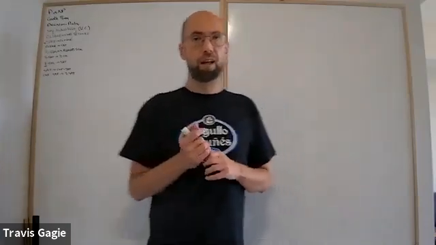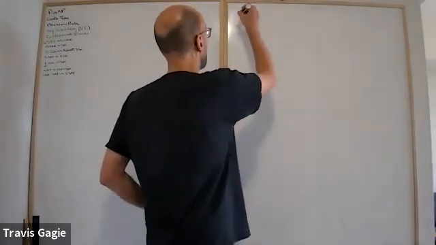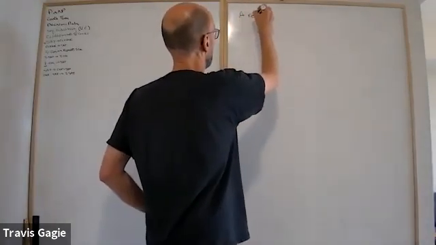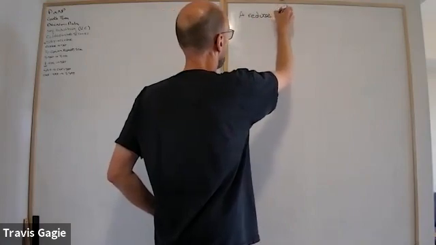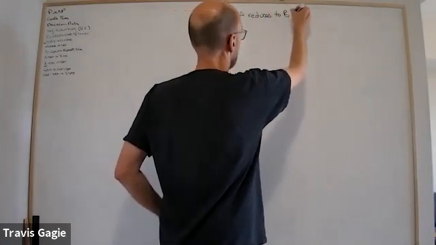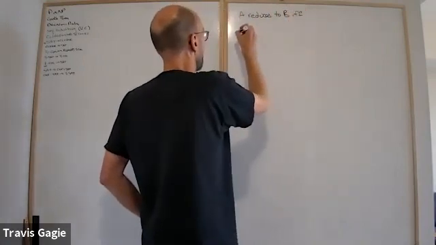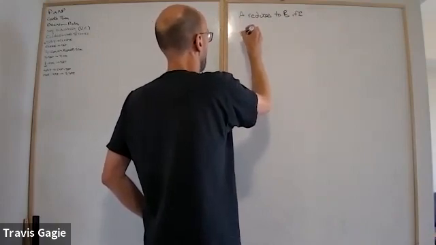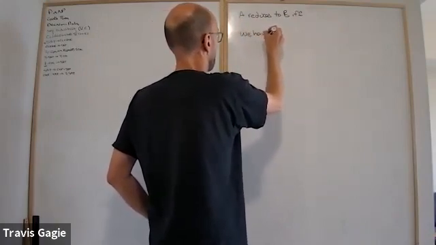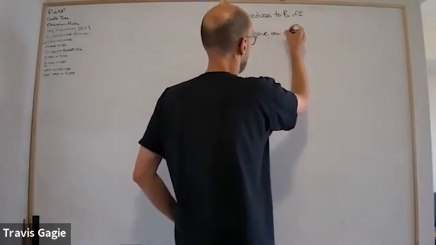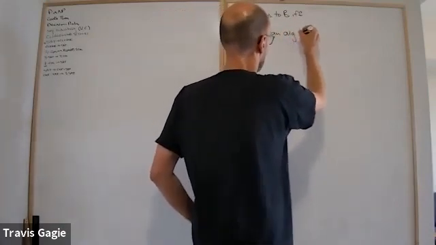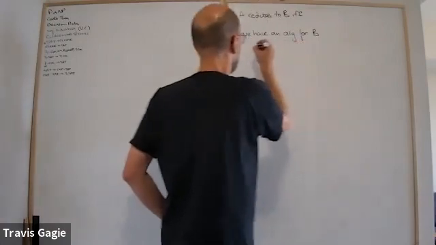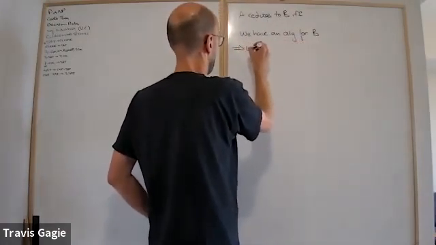So you say A reduces to B if we have an algorithm for B implies we have an algorithm for A.